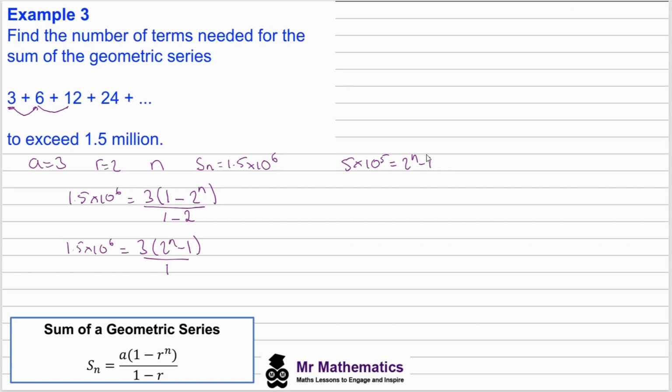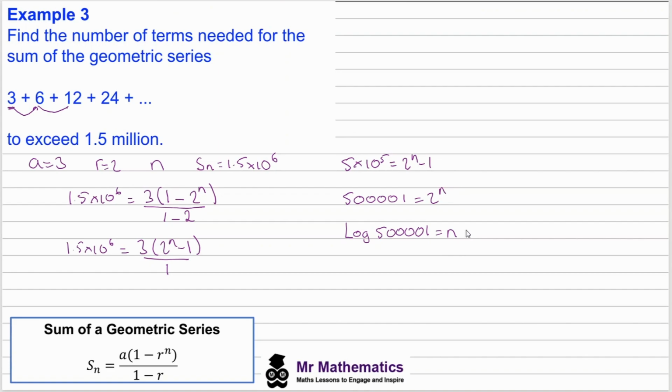We'll move this -1 to the left-hand side. So 500,001 equals 2 to the n. Now to find this power, we need to apply the rules of logs. So we'll take the log of both sides. And when we take the log of this side, then we can pull this n down using the power rule.